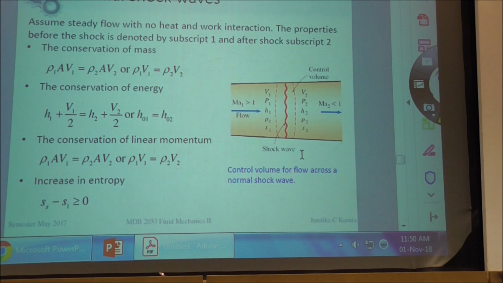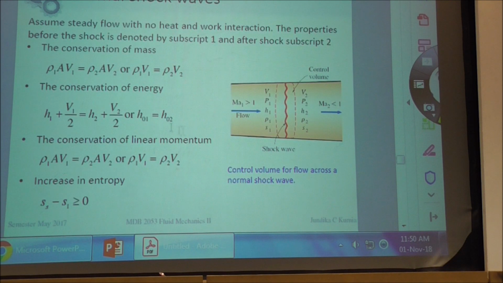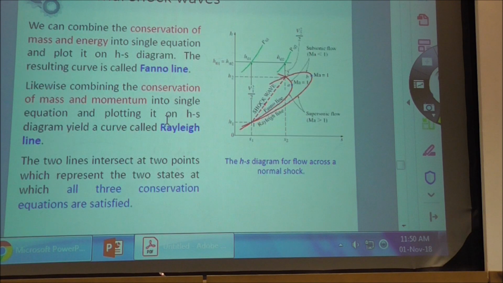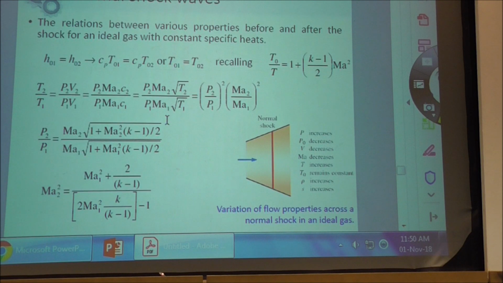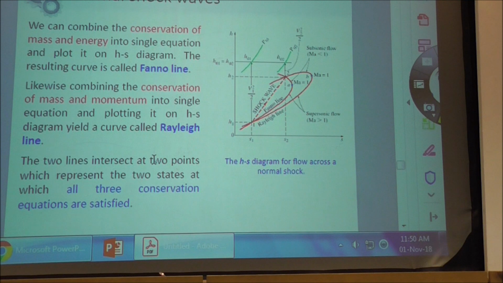Energy cannot be created nor destroyed. So you get h0 1 equal to h0 2, right? And then if in the isentropic flow your entropy change is 0, in this case it is not 0.